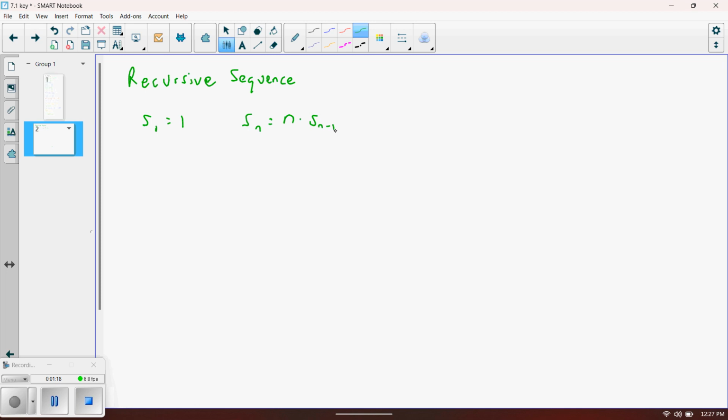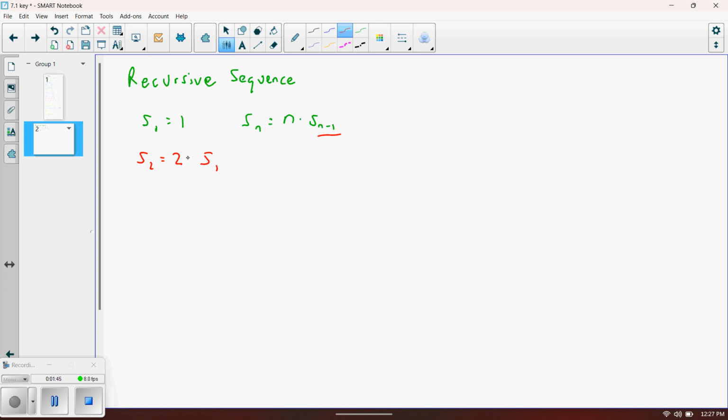Well, then that means that every value that I'm going to plug in for n after 1 is going to be dependent upon something that has already happened before, because the n minus 1 term literally means the term that was before this.